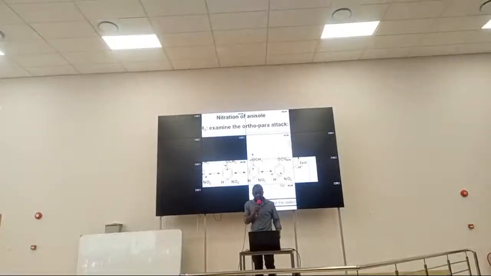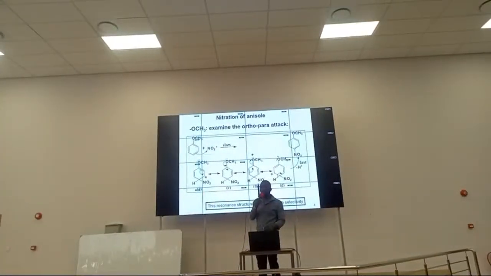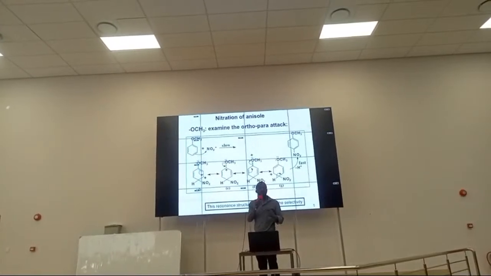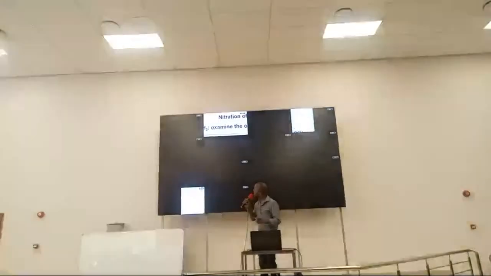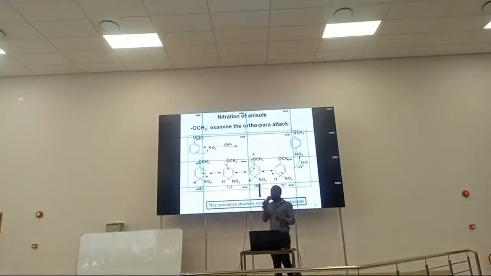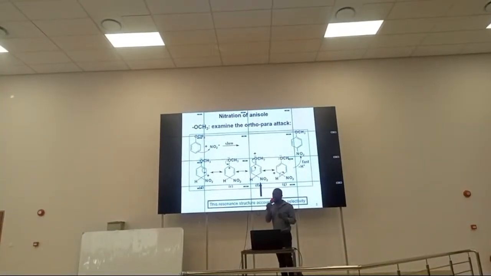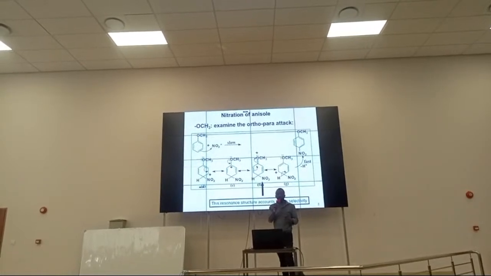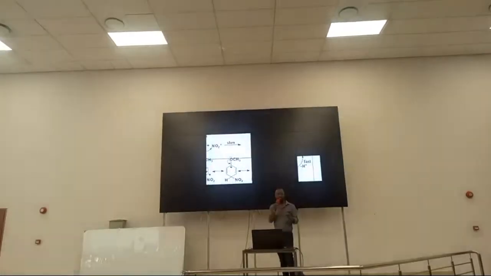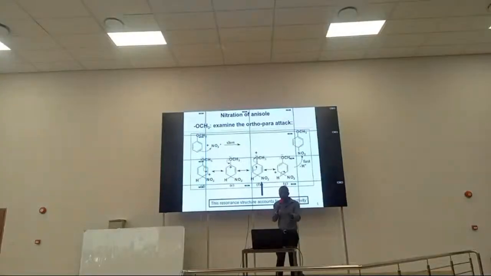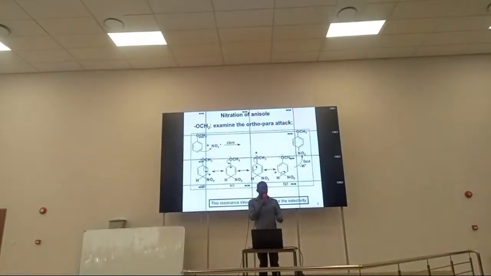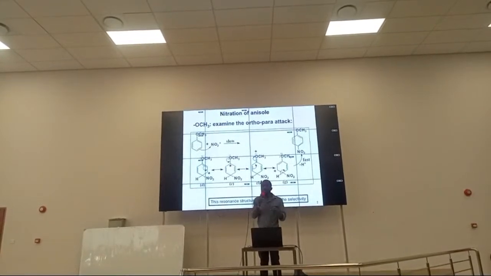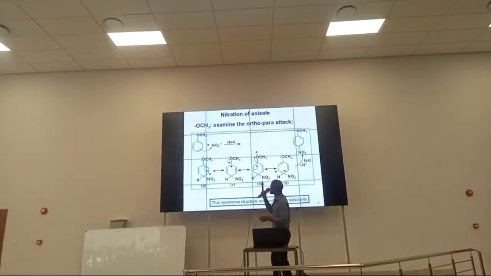So as homework, I've not shown the ortho attack, but you go and show the ortho attack and try to draw the resonance structures that will result from attack at the ortho position. You are also going to realize that you are going to have 4 resonance structures, also with the oxygen atom. You can see that one very easily actually.